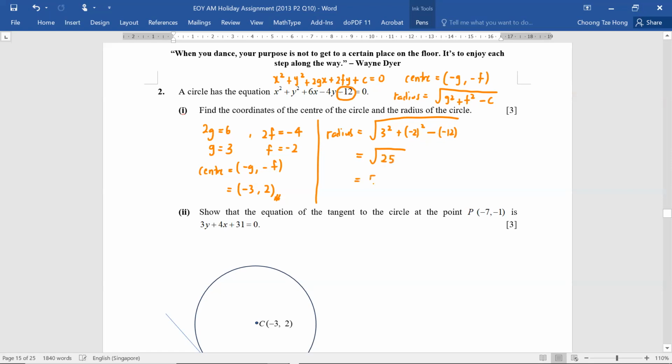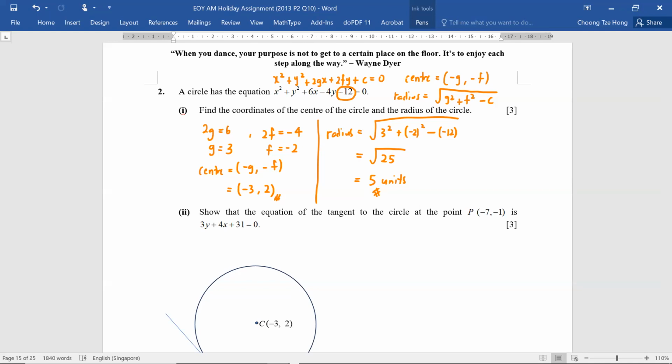So the radius will be 5 units. This 2g2f method allows you to find the radius and the center quite easily. But of course, you can also complete the square, convert the equation of the circle to the standard form, and then use that to find the center and the radius of the circle.